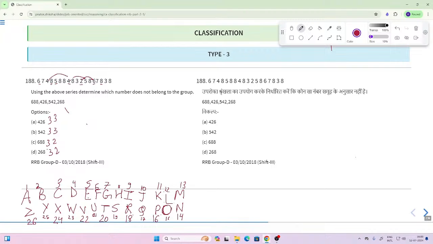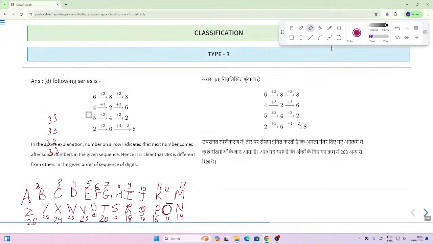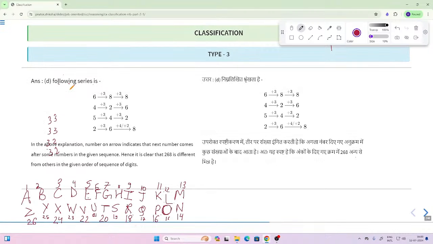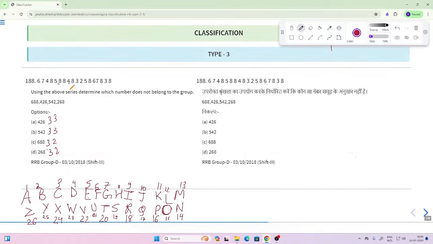Strange. Maybe there's some way. Don't know. If I had to guess, it's probably A or B. A seems to have a 3, 3 break, and B, C and D have a 3, 2 break. Let's see. Oh, no, 5, 4, 2 have a 3, 3 break. Okay. 4, 2, 6 have a 3, 3 break.